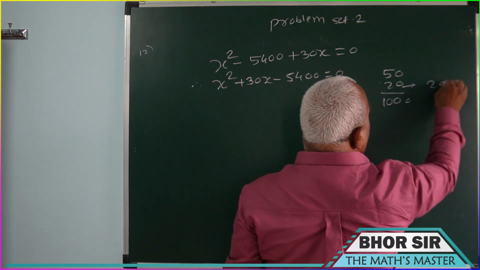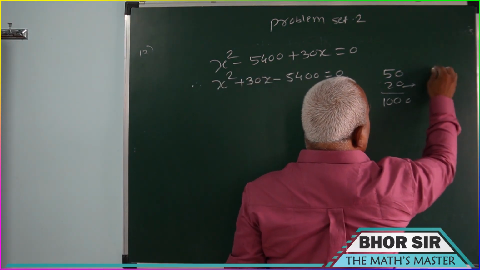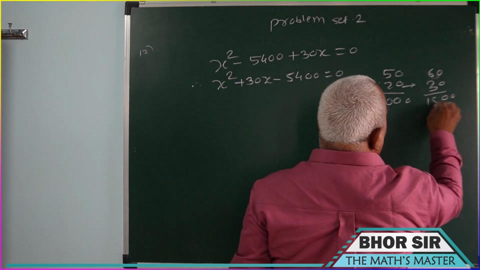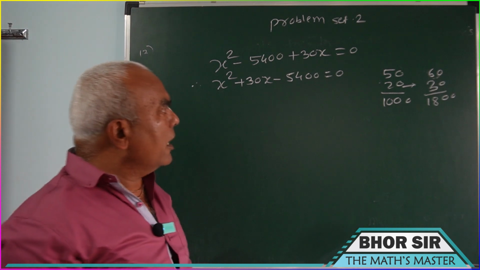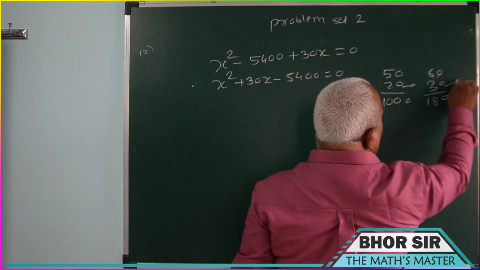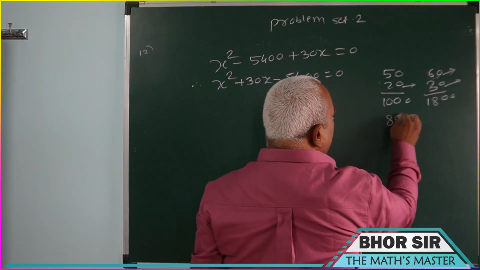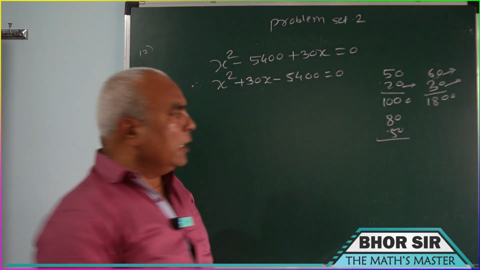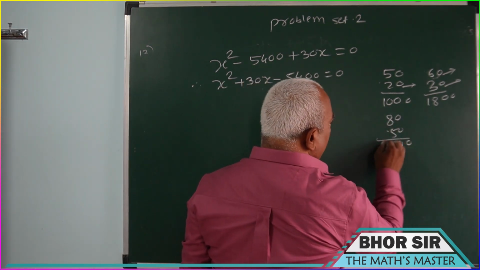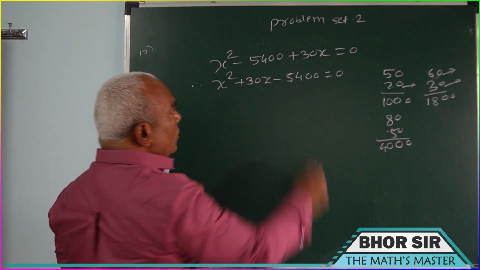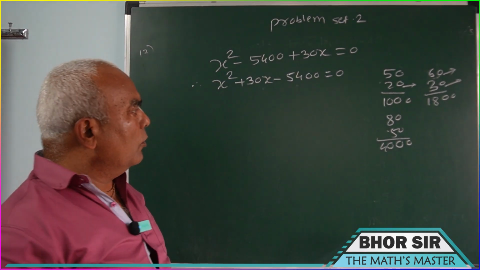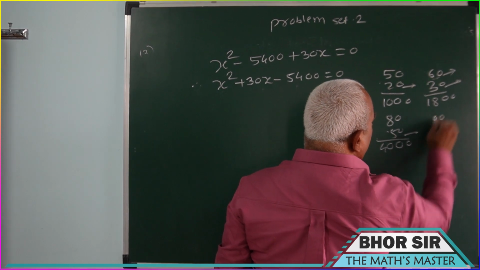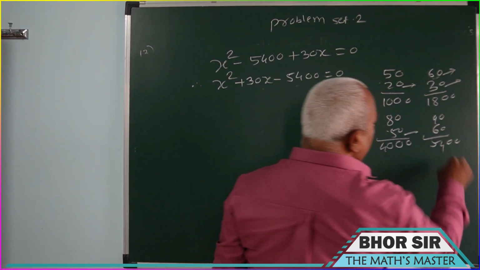Suppose 60 and 30, multiplication 1800. Increase again by 20 each, 80 and 50. The difference should always be 30. 80 times 50 is 4000. We want 5400. Increase again by 10 each, 90 and 60, and 9 times 6 is 54.